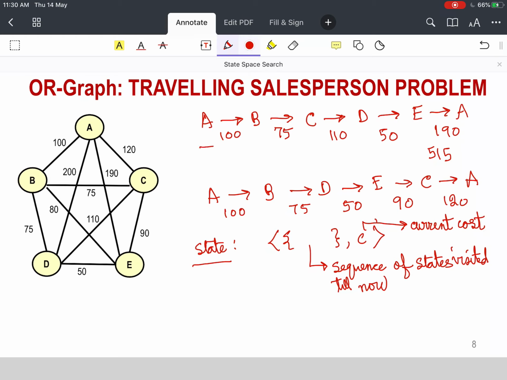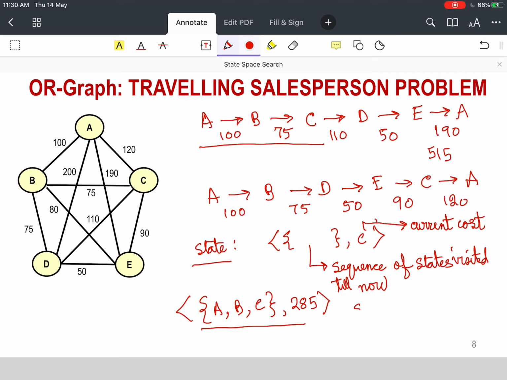For example, if I have done A to B to C, then my state definition would be A, B, C, and my cost would be 100 plus 75, 175 plus 110, which is 285. So this is how I define a state.